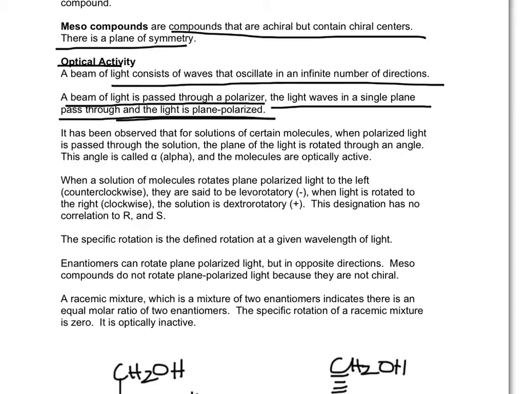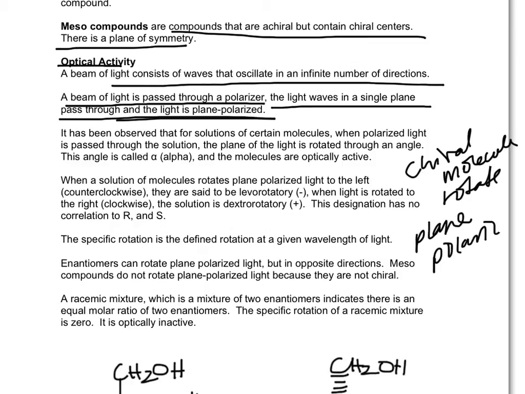Now, when we have a chiral molecule, it will rotate plane polarized light. So chiral molecules rotate plane polarized light.